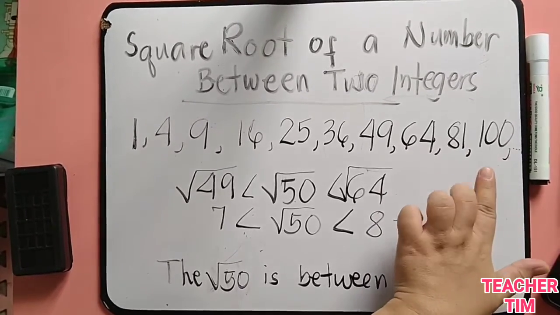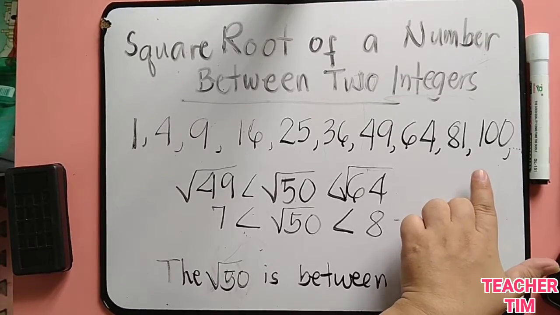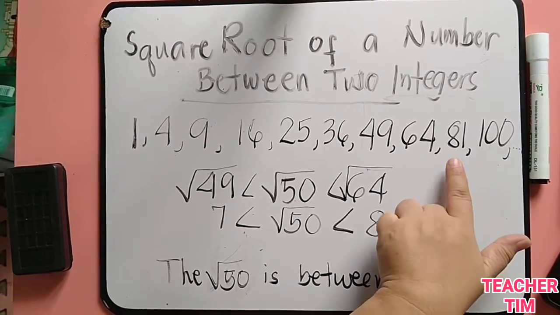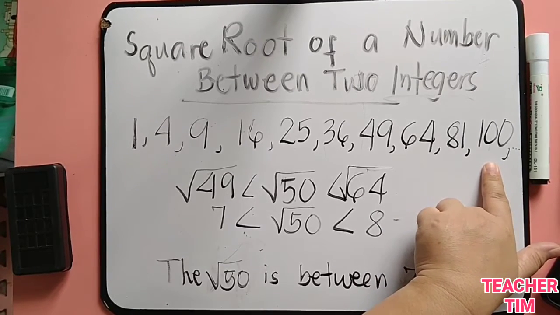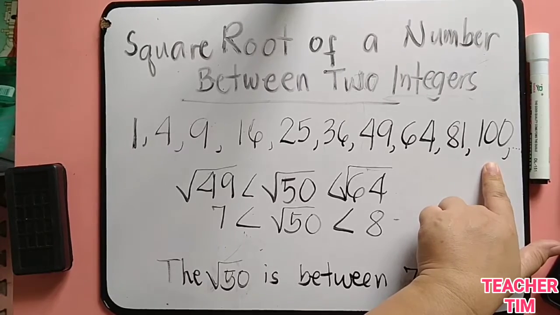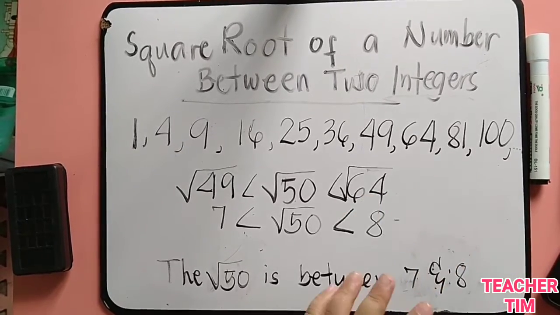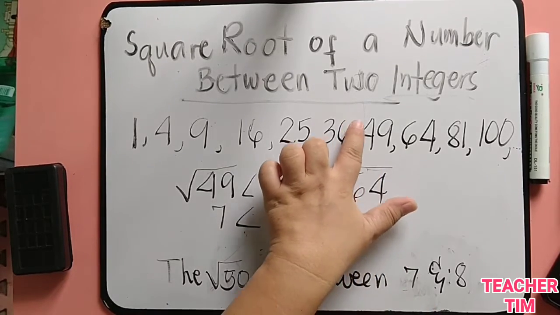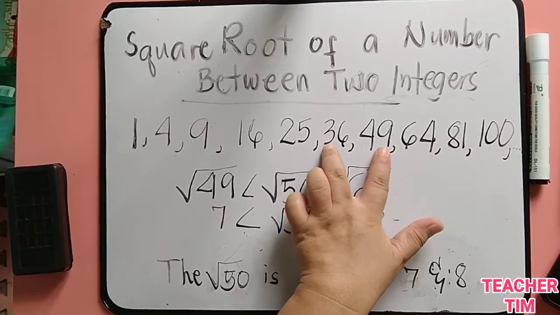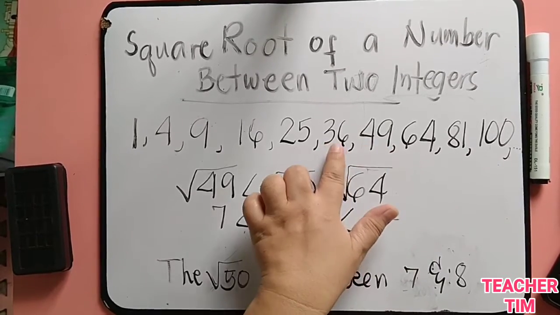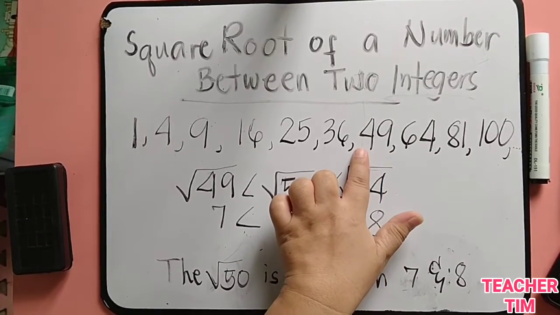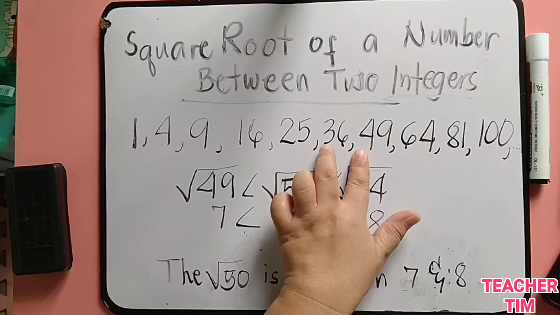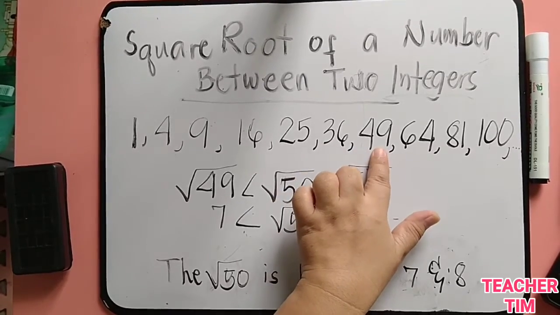That means the square root of 85 is between 9 and 10. Our estimate may be 9 point something. And if the given is 40, then 40 is between 36 and 49. Since the square root of 36 is 6 and this one is 7, the square root of 40 is between 6 and 7.